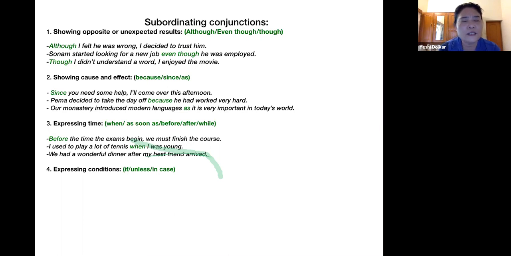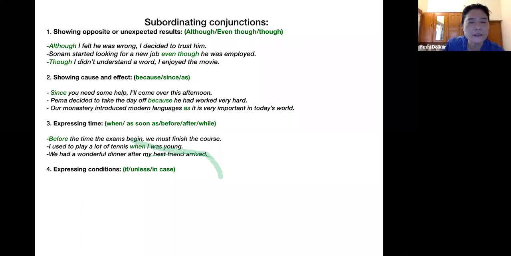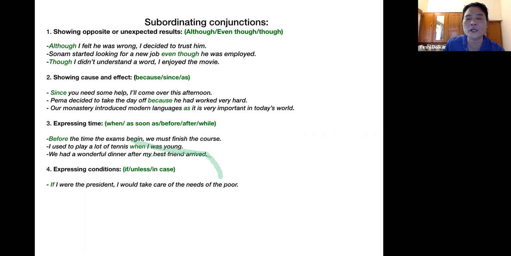If, unless, it expresses a condition. All right. So, if I were the president, I would take care of the needs of the poor.